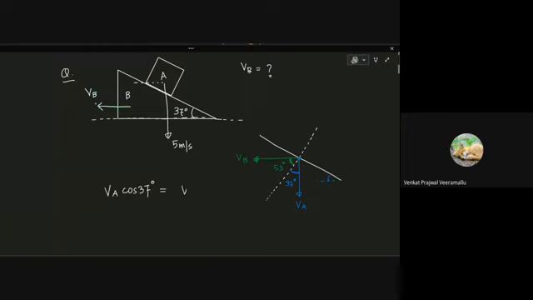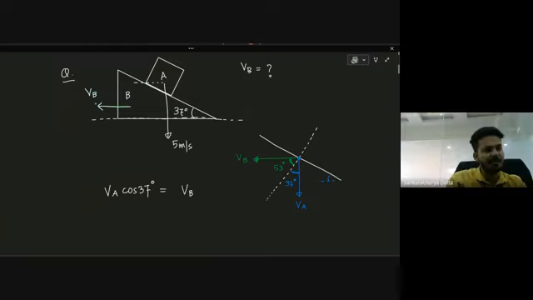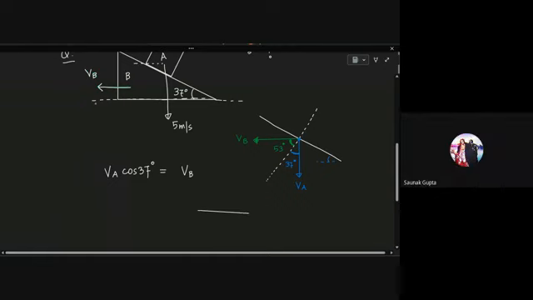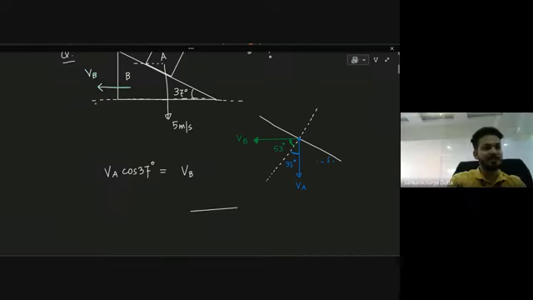Sine 53? Why do you do this? Cos 53. Every time you're making a mistake. See, cos 53. Towards theta, no? This is VB. This angle right here is 53. So towards theta will be what? Cos 53. Away from theta would be sine 53.